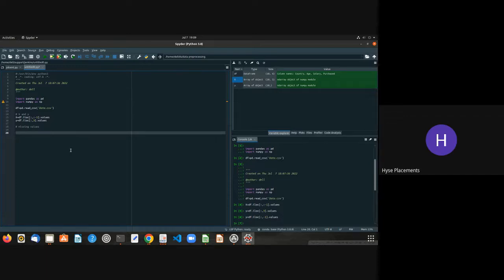With the library module we are importing, we'll use the module called imputer and then fill the missing values. Once you install scikit-learn, sklearn is the module name. From sklearn.impute, I'm going to import SimpleImputer.